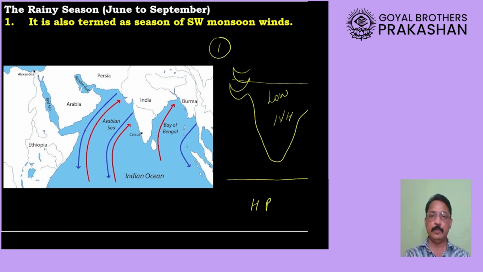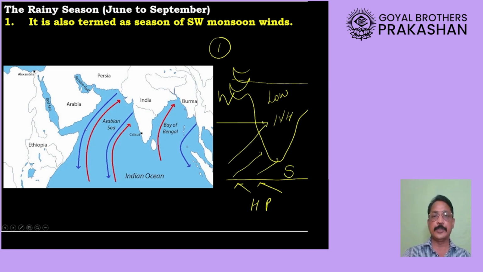Wind always moves from a high pressure area to a low pressure area. So when these winds move towards India, after crossing the equator, they turn towards India. If I write here south, and here west, these winds are blowing in between southwest, and that is why these winds are called southwest monsoon winds.